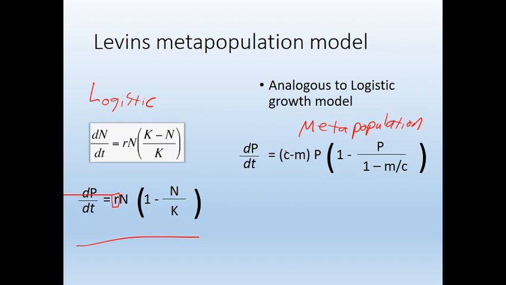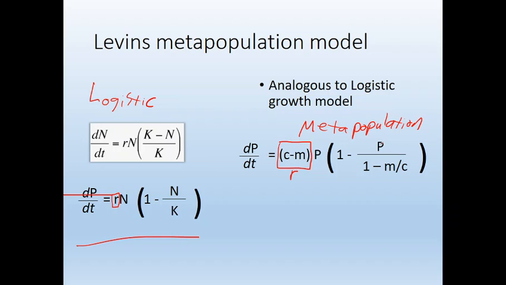Well, that's here. This is essentially that R. It's the same thing here, where the colonization minus the extinction is basically the rate of growth, just like the little R here. And this P is our population size, exactly the same as here.